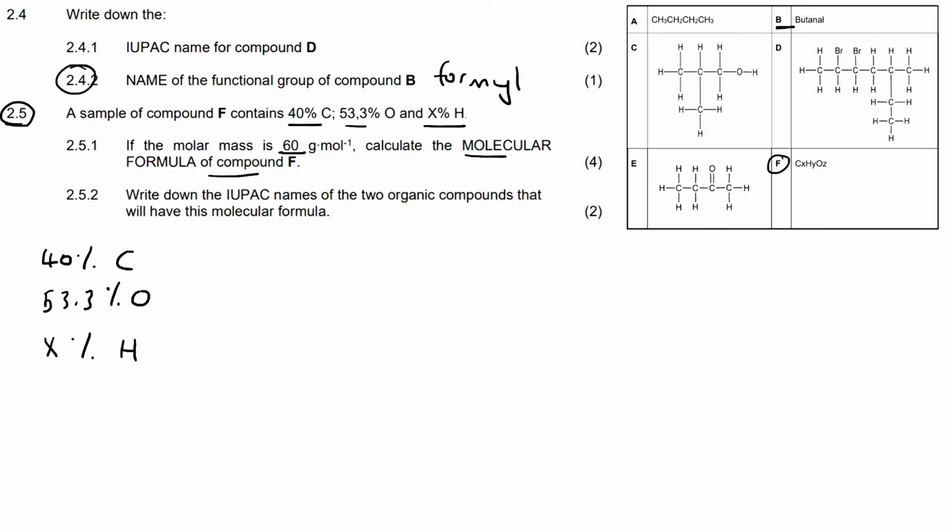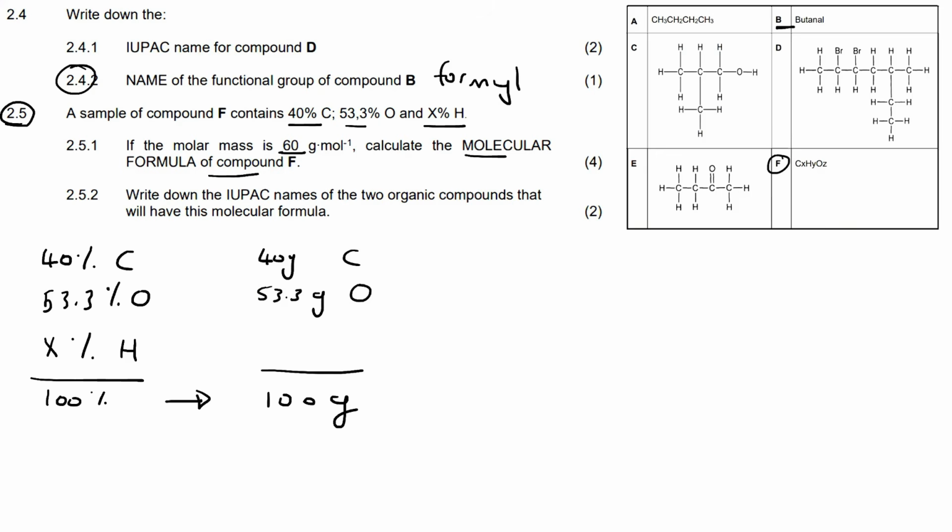So what we do is we pretend that these are masses. We know that percentages always add up to 100. So let's pretend we have 100 grams. That means we've got 40 grams of carbon, 53.3 grams of oxygen. And for X, these percentages must add up to 100, so X would be 100 minus 53.3 minus 40, which gives us 6.7.